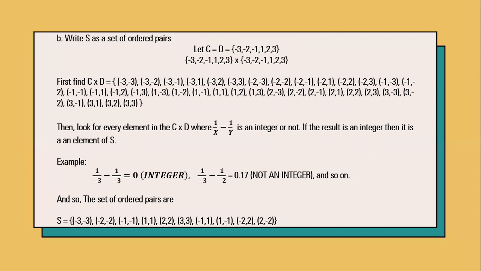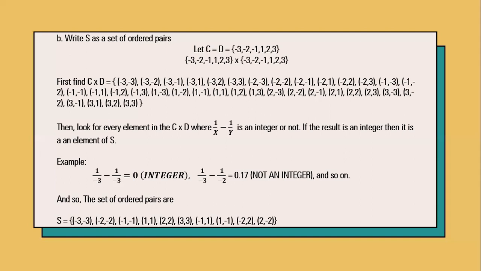And for problem B, write S as a set of ordered pairs. In our given, it just states -3, -2, -1, and 1, 2, 3. I was confused earlier because it just gives one set of numbers, but since it says let set C equal set D, it must mean that set C and set D have the same given numbers.